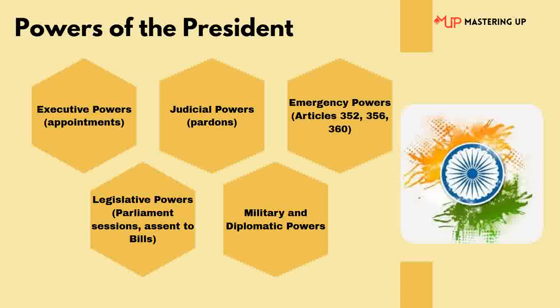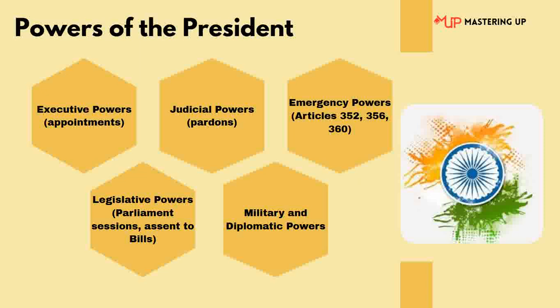The President has a wide range of powers, but they are mostly exercised on advice. Executive power: appoints Prime Minister, ministers, governors, etc. Legislative powers: summons Parliament, gives assent to bills.